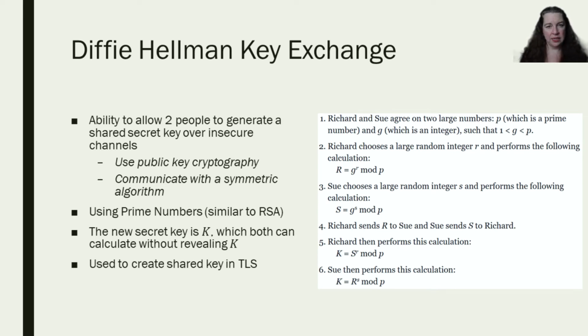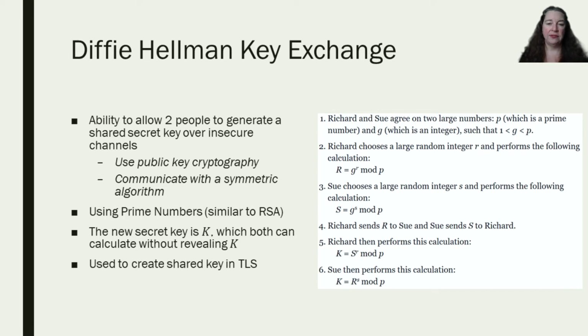By doing this, you are able to create a secret key K without passing it directly over the internet. What is passed back and forth is P, G, capital S, and capital R, but none of those are enough to create K in and of itself. That's the power of the prime numbers.